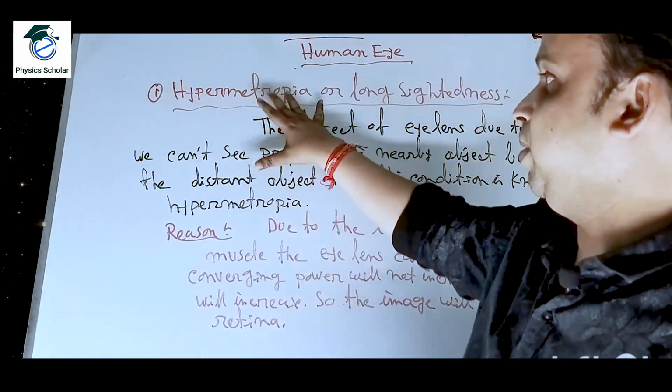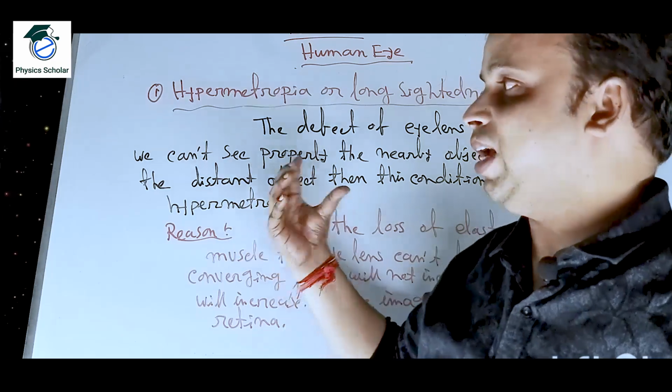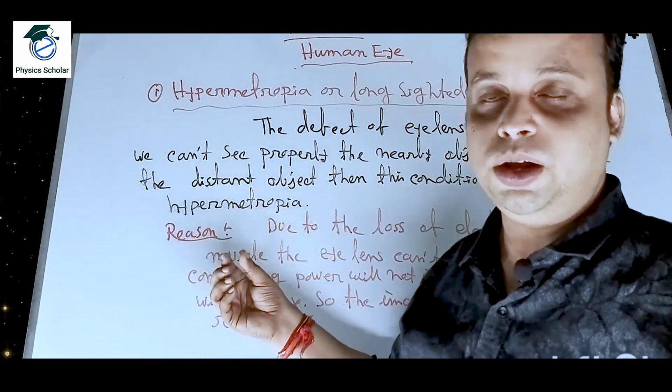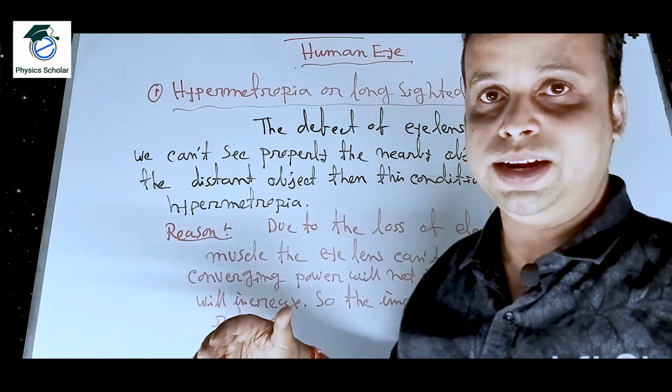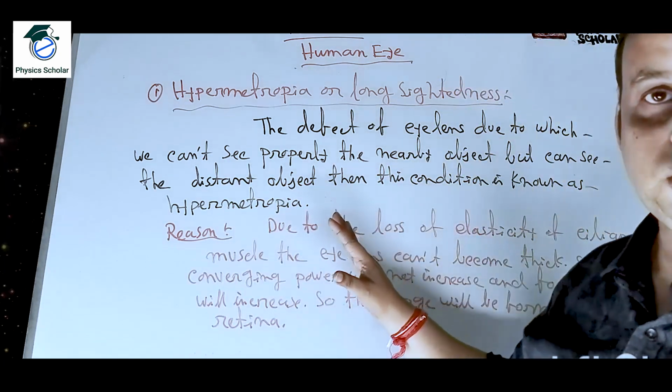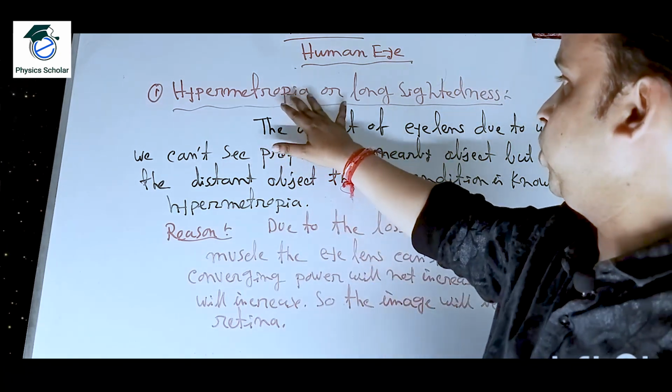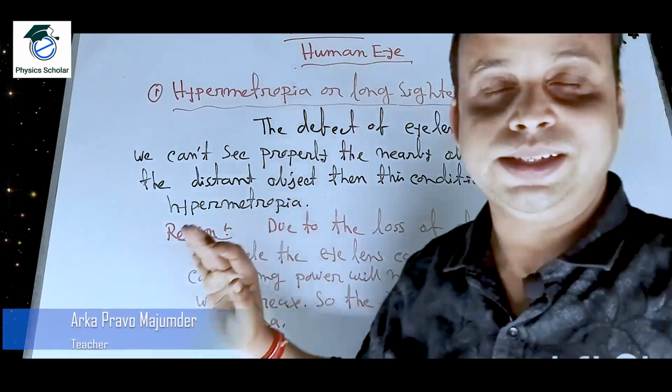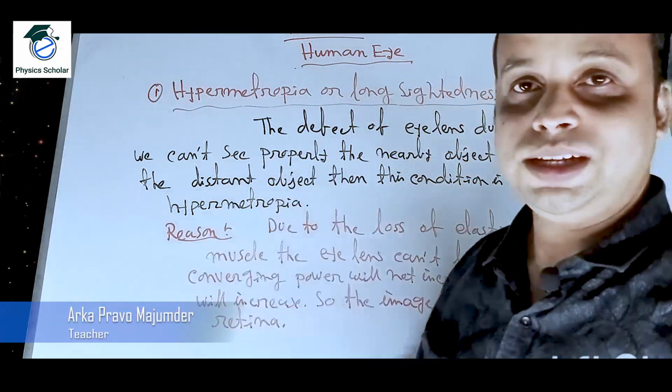Now how can we rectify this problem, and what type of spectacle or which type of lens we have to use? That we will learn now. I hope up to this you have understood properly what hypermetropia or long-sightedness is. Very often this type of question comes in the exam.